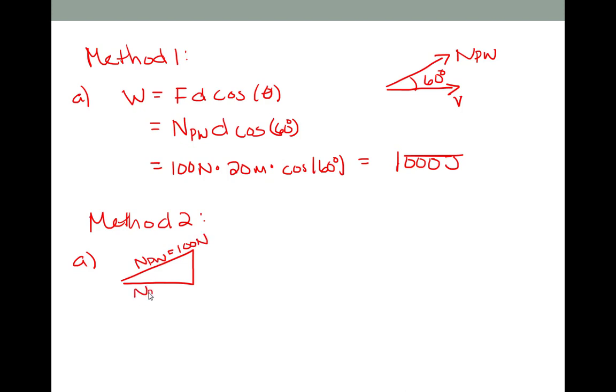But only the x component is going to do work because that is the piece that is parallel to the velocity. So that's going to be N_PW times the cosine of 60 degrees.